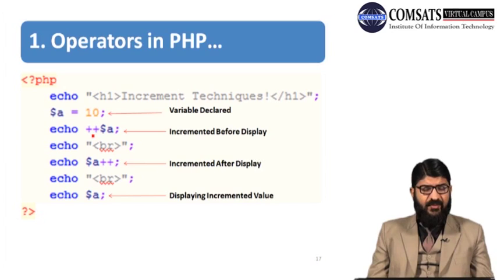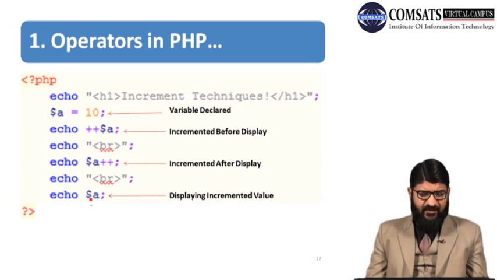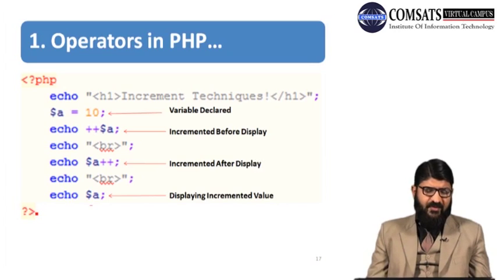This is basically increment before display, pre-increment by 1, and then output the variable, a line break, and then post-increment, $a plus plus, first returns the value and then increments the variable with value 1, line break, and now it is incremented, so it will have a new value that is displayed here, and then the closing tag for the PHP is given.